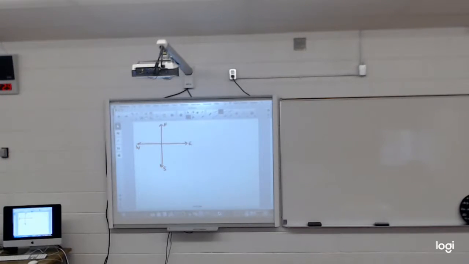And if I look at this grid, I look at east as being positive because the right side of a graph is positive, and the left side of the graph, west, is negative. So east is positive and west is negative.